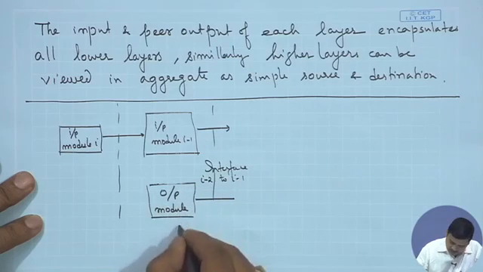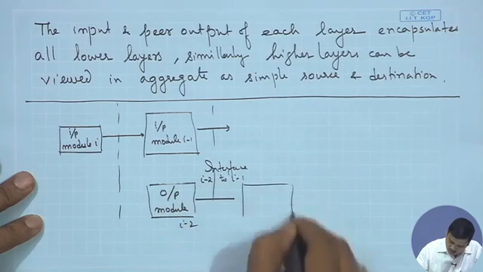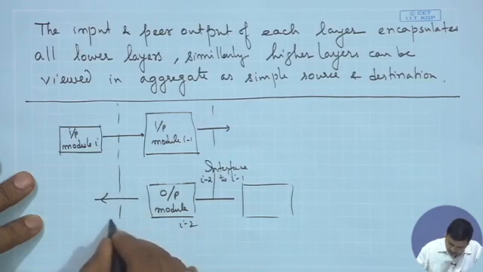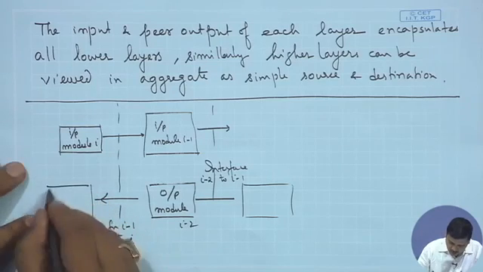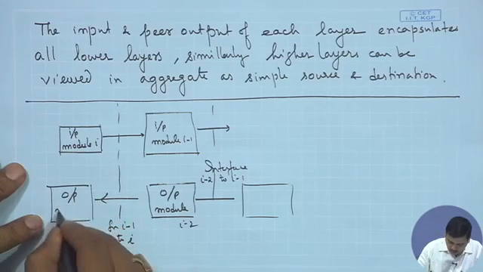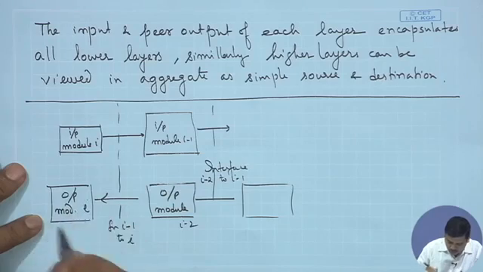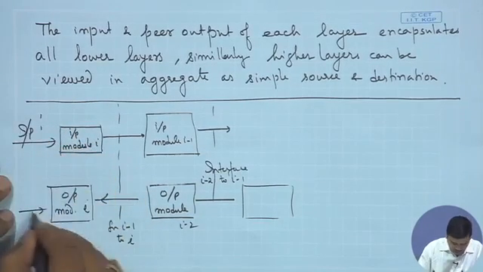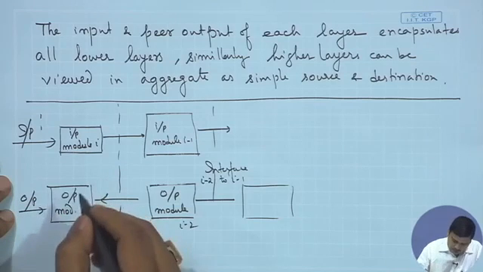Look at this. This is I minus 2, this is I minus 1, and this is from I minus 1 to I, because this is I, output module I, and this is of course the input, this is of course the output.